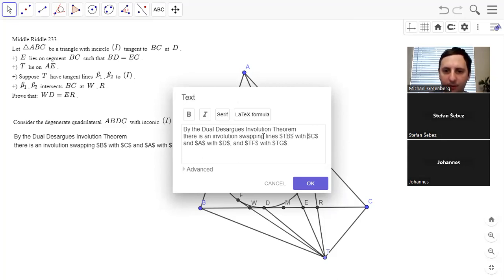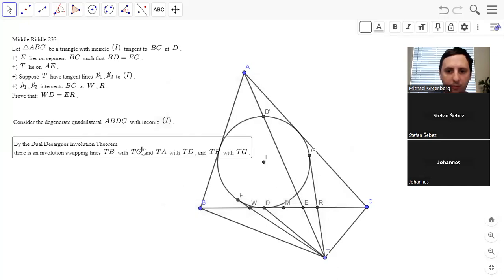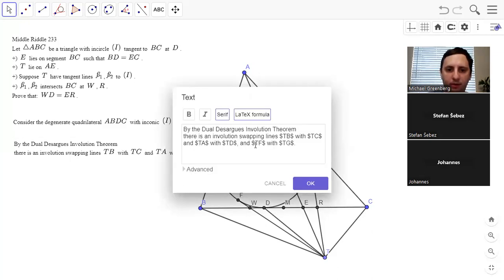Okay, so basically we project this involution onto BC.